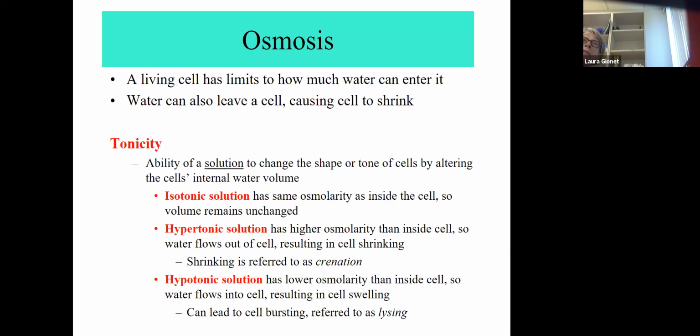So osmosis: a living cell has limits to how much water can enter it. Cells can grow, but they can't grow to be the size of a football. The nucleus and all the organelles in there can really only maintain a certain amount of plasma membrane and take care of everything in there.